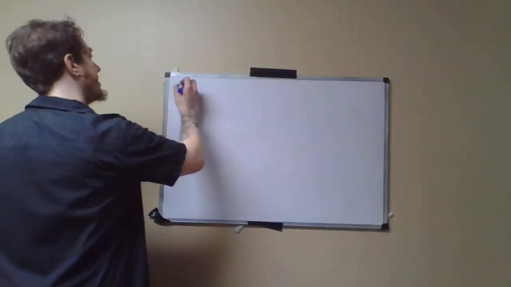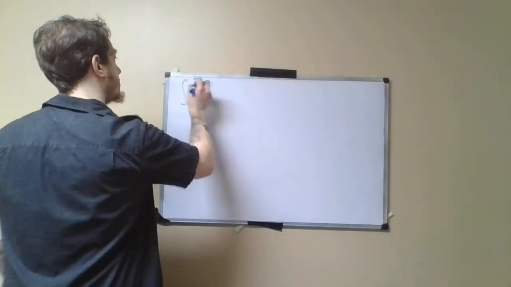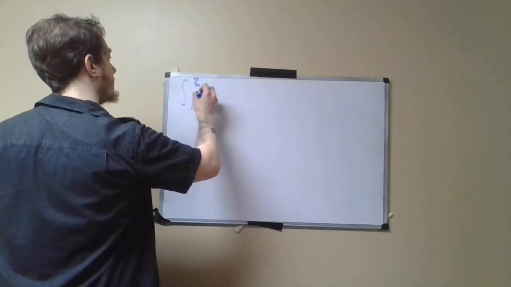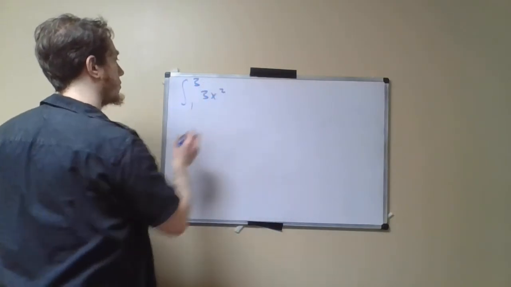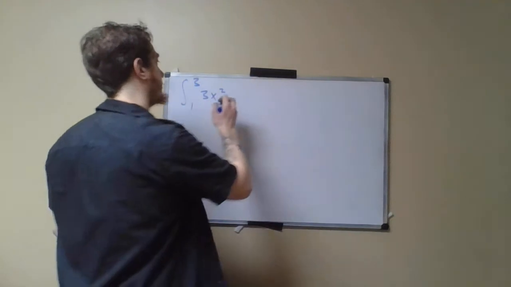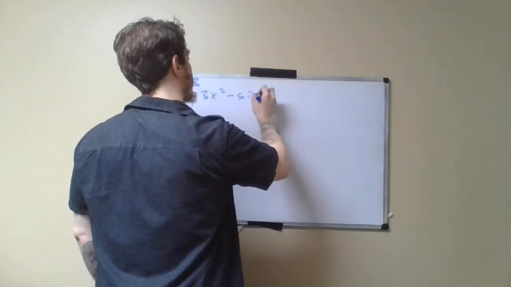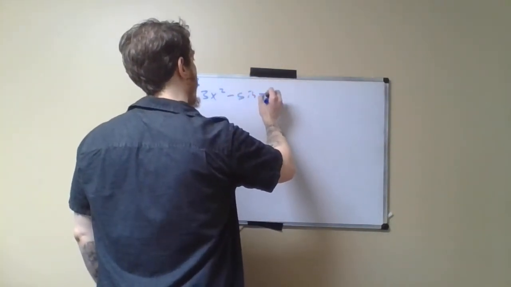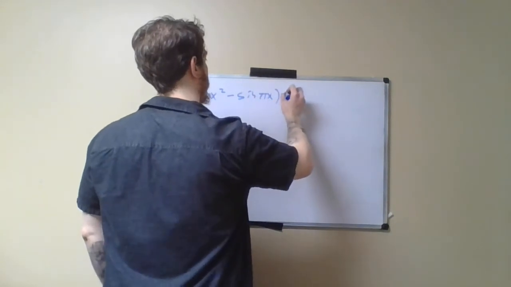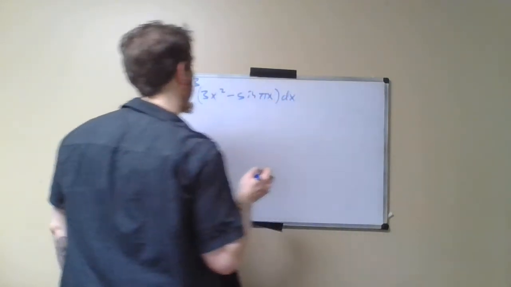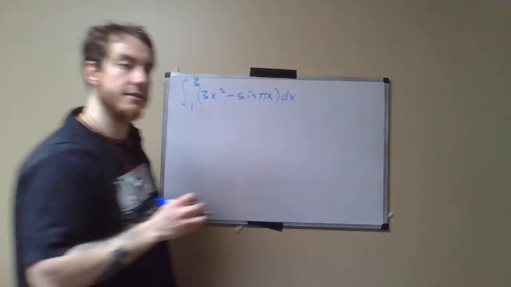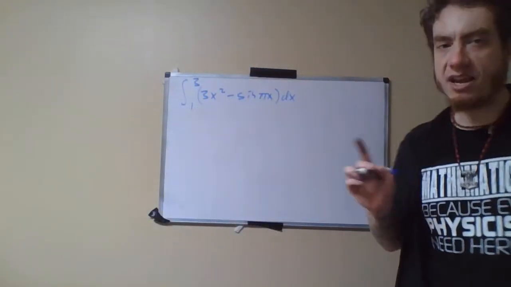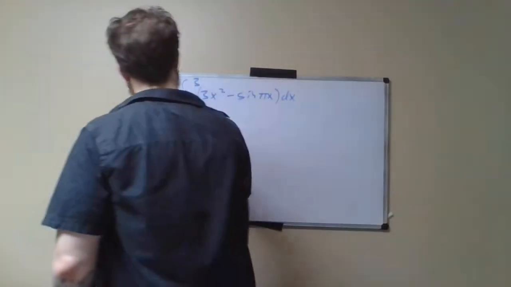For instance, if I need to do the integral from 1 up to 3 of, let's say, 3x squared minus the sine of pi times x dx, well, what I can do here is I can say, all right, let's take a minute to figure out the antiderivative.